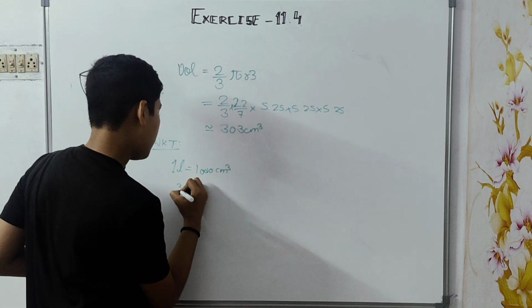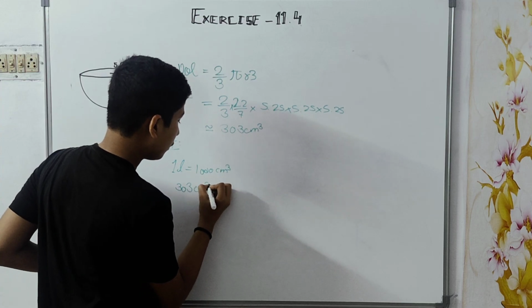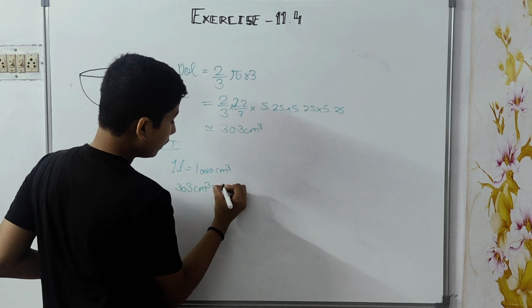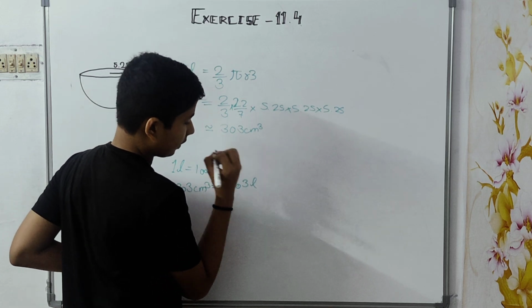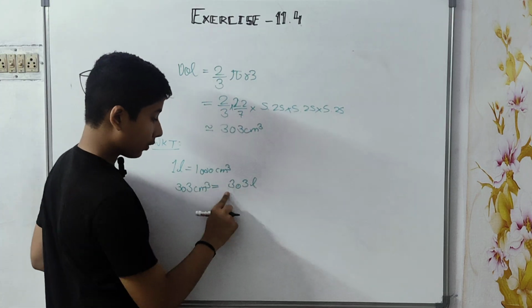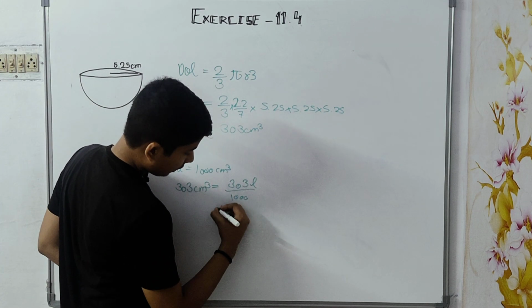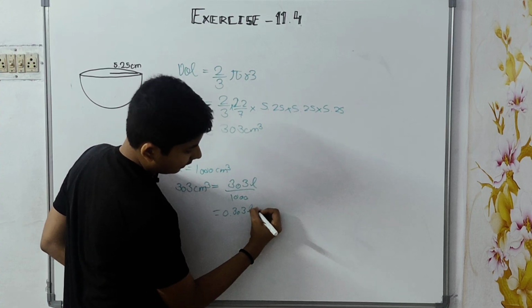Therefore, 303 centimeter cube equals 303 by 1000, which equals 0.303 liter.